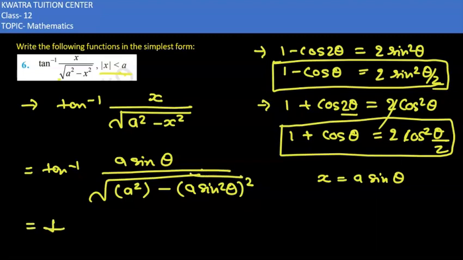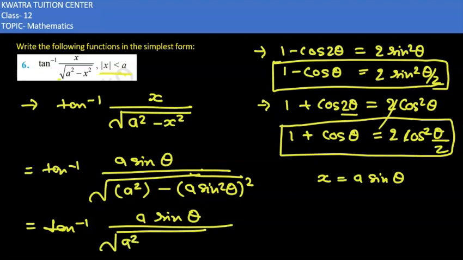So now it is tan inverse of a sine theta divided by, within the square root, a square minus a square sine square theta. I'm sorry, this is not a square over here.